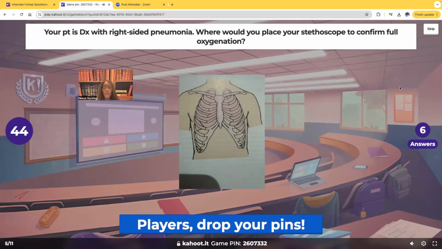Go ahead, take your mouse and click to the area where you would place your stethoscope if you wanted to confirm that the patient was being fully oxygenated. Very good, carry on. I see you.